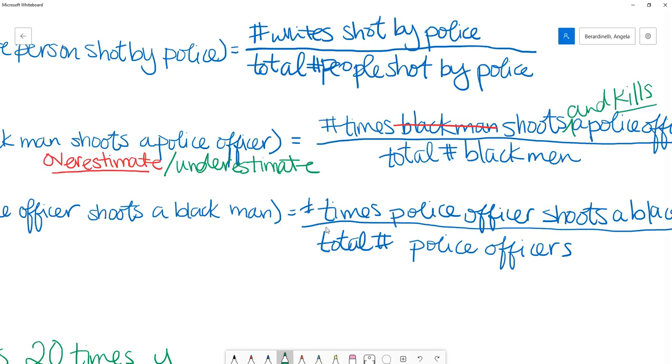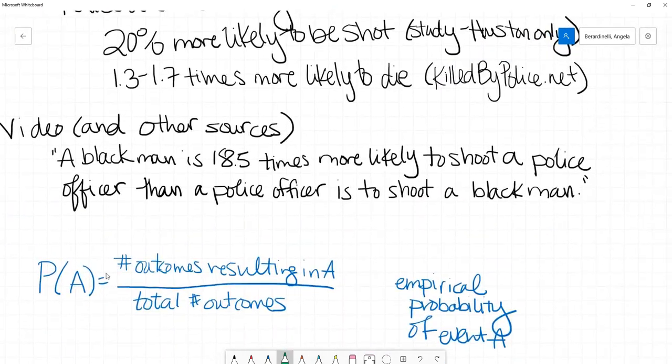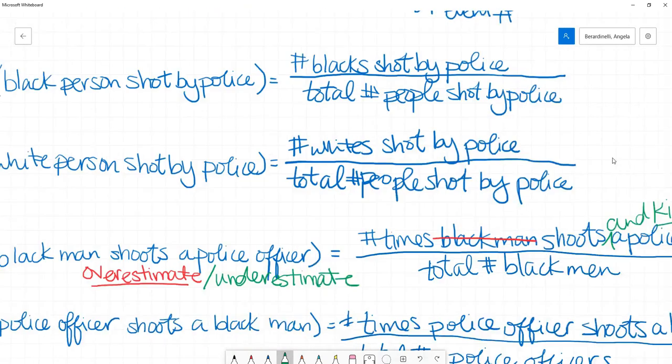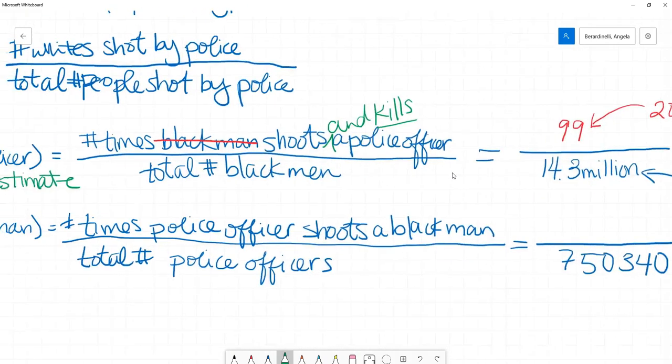It is going to be a pretty accurate estimate of the number of police officers who were killed in the line of duty relative to the total number of black men, but that's not exactly what the original statement was about. It wanted to know how likely it was for a black man to shoot a police officer. It didn't say anything about shoot and kill. So this is not measuring exactly what we want.